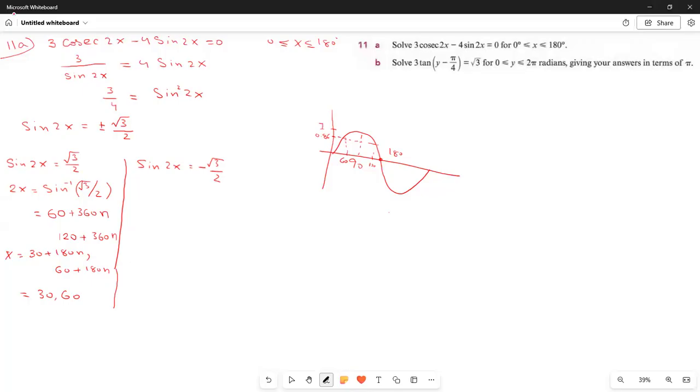Now we'll go to the second part. Again, 2x is equal to sine inverse of minus root 3 by 2. And again, it will give me two values, which are 240 plus 360n, and the second answer is 300 plus 360n.